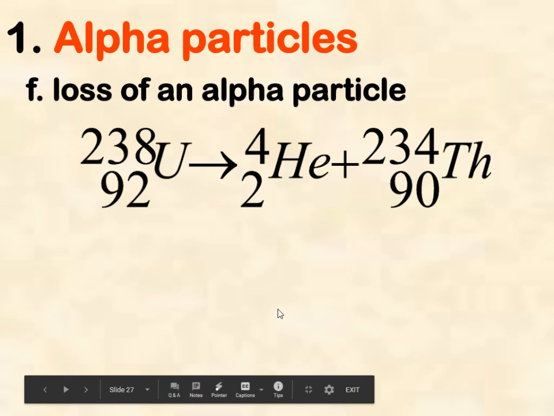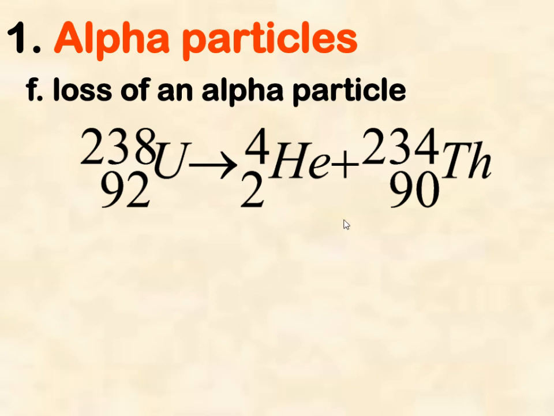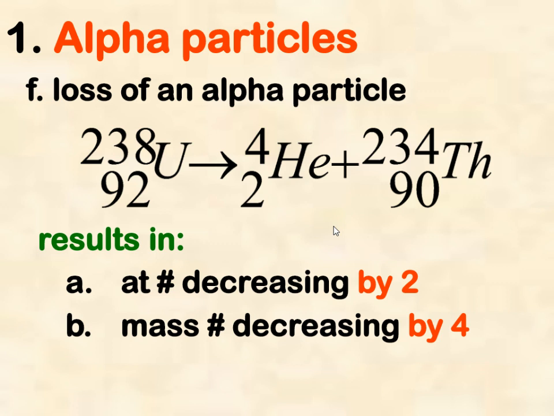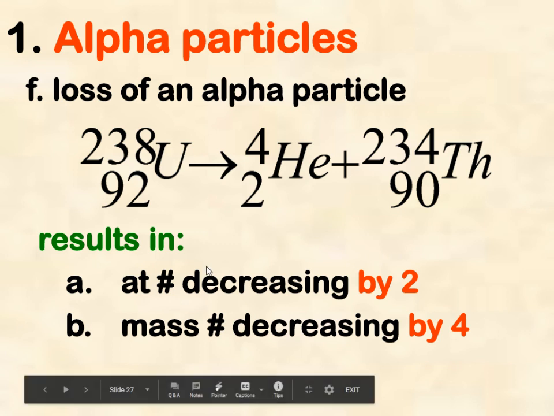And this is how we write the loss of an alpha particle. The decaying of the parent nucleus creates helium, your alpha particle, and then we have thorium, which is the other one that is created from it.